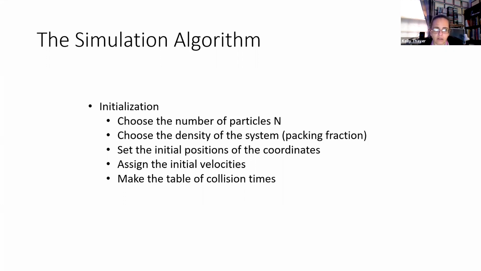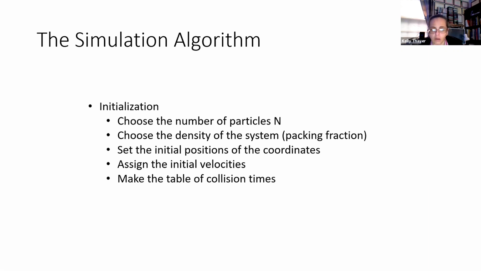Then we need to figure out how to set the initial positions of the coordinates. You might say, well, how should we do this? One way might be, let's just have a box, and we will simply randomly put the positions in the box. If we have n particles, we'll roll the dice n times and put the particles in the box.